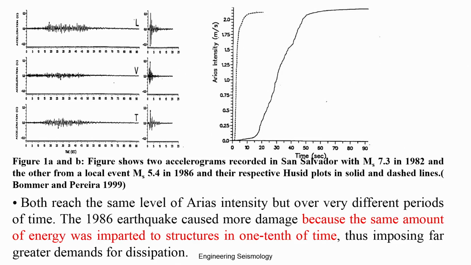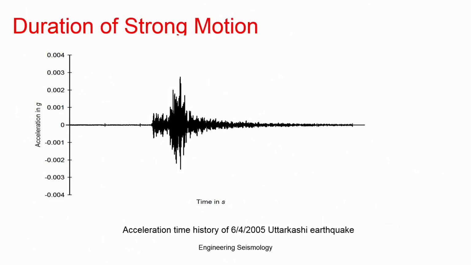This information helped interpret that the durations of earthquakes play a significant role in the damage of structures, which is basically an implication of how many cycles it repeats. You can see how many cycles it repeats. This is the duration which you can understand.